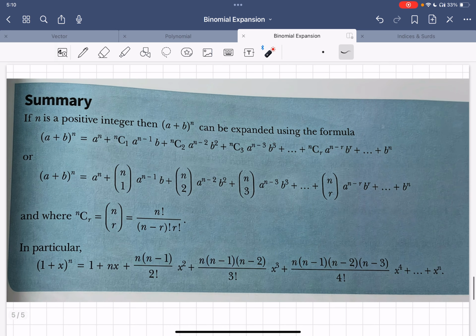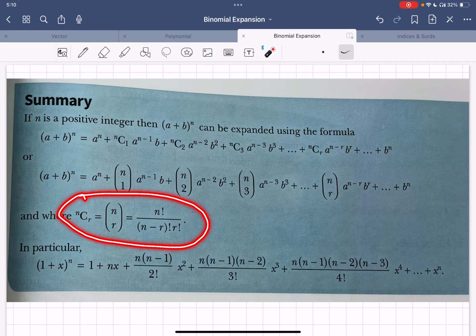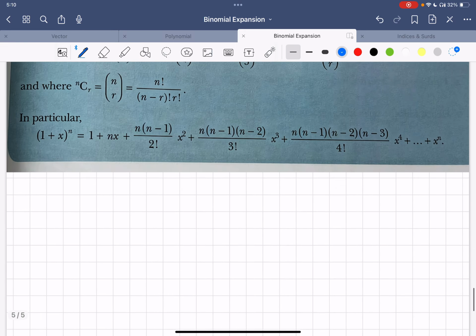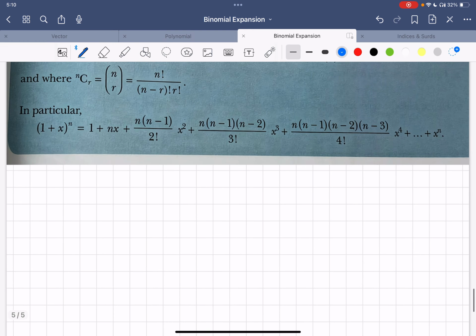Afterwards, what you need to remember, I have summarized in a quick note in this picture. You can take a screenshot. So this is what I wrote just now. I'll leave you several questions, then you can use this formula to solve them.